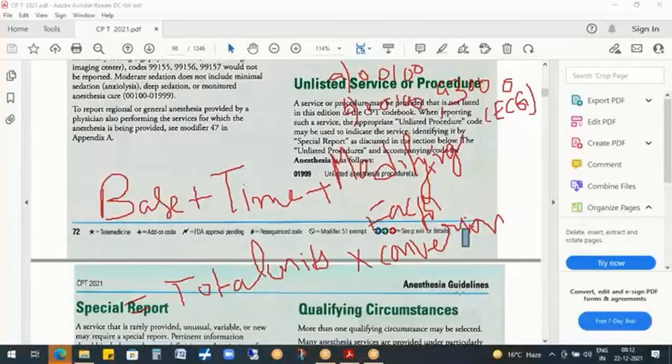Have you written the formula? Base plus time plus modifying factor equals total units into conversion factor.